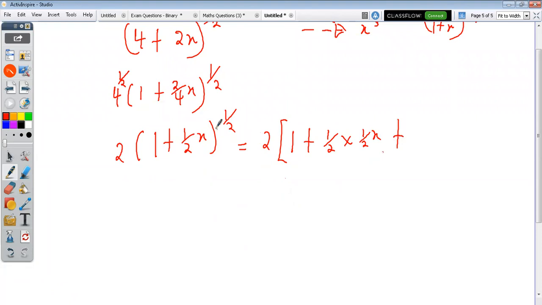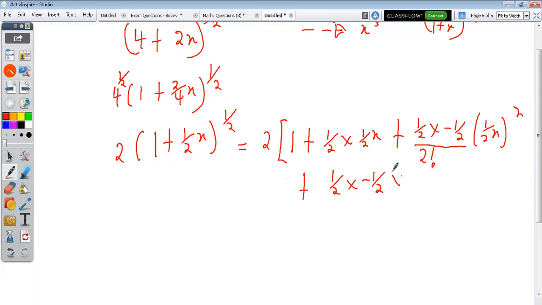Plus, now we're saying n multiplied by n minus 1. So that's half multiplied by, what's half minus 1? Minus half, divided by 2 factorial. Then this is always squared. So it's a half x squared. Then the last term, we do that part.